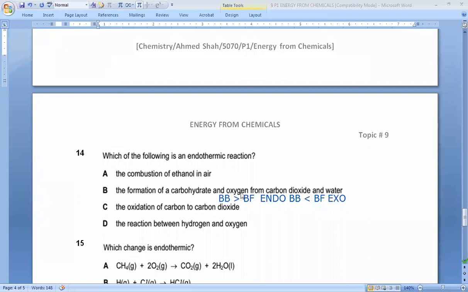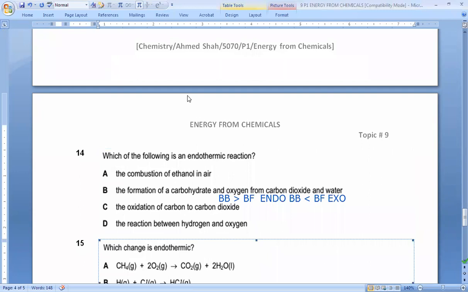Formation of carbohydrate and oxygen from carbon dioxide and water, this is photosynthesis. Oxidation of carbon to carbon dioxide, this is combustion. Carbon burned in presence of air to produce carbon dioxide. Reaction between hydrogen and oxygen means formation of water. You can see that this reaction is exo. A, C, and D are exothermic, but only the option B is photosynthesis, an endothermic reaction.